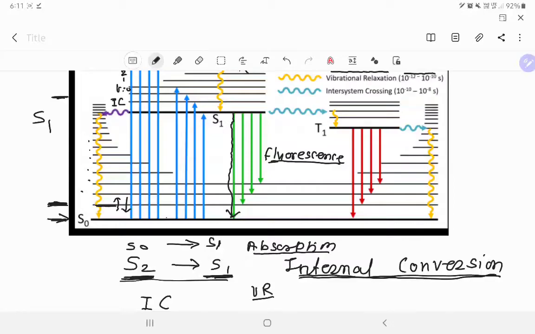During this absorption, depending on the energy of the photon, the transition may be to a higher vibrational level. And due to vibrational relaxation, some energy is lost. That's why the fluorescence emission has a lower energy.